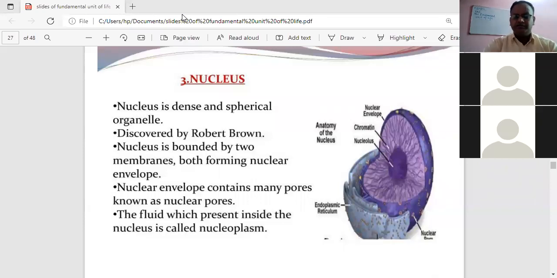Just raise your hand so that I can quickly select the students, or randomly from my side I will select them. Who wants to discuss the structure of the nucleus? What do you know about the structure of the nucleus?